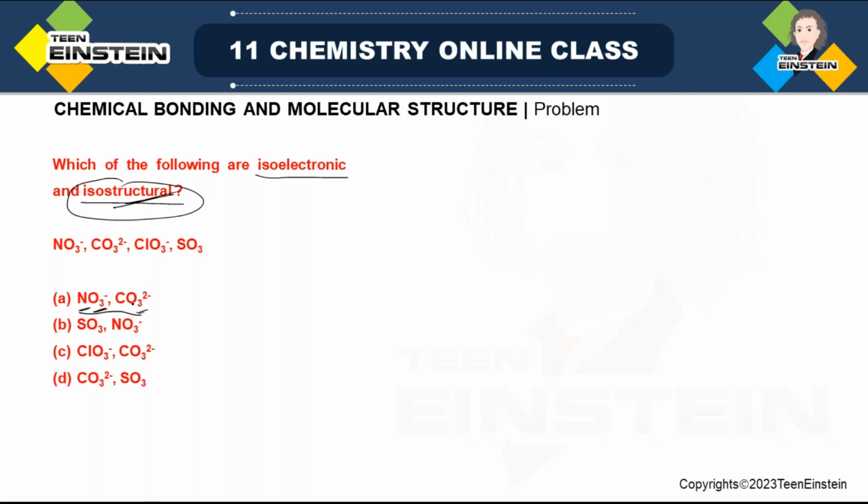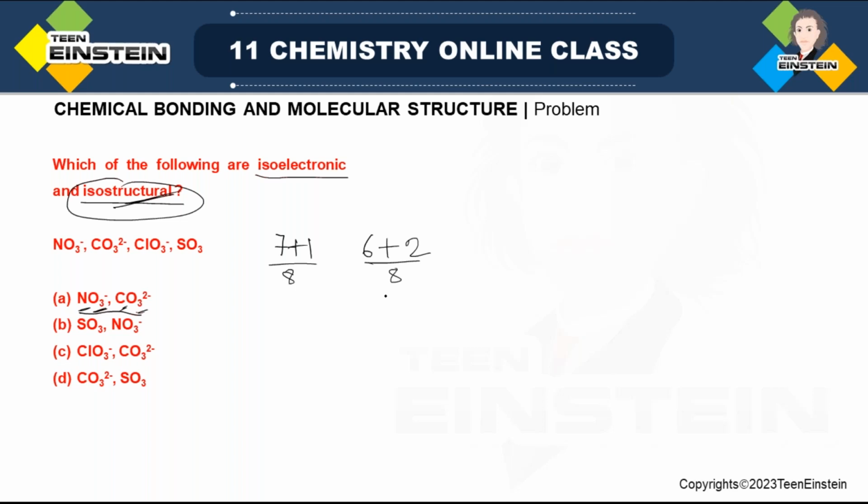So nitrogen is atomic number 7 and there is only 1 negative charge, so you don't have to do any calculation based on oxygen. Then for carbon it is 6 and there are 2 negative charges, so in both cases you are getting 8. That means these 2 will be isoelectronic. You can also add the number of electrons coming from oxygen, but if you are in a hurry and want to solve it as fast as possible, you can do it in this way.